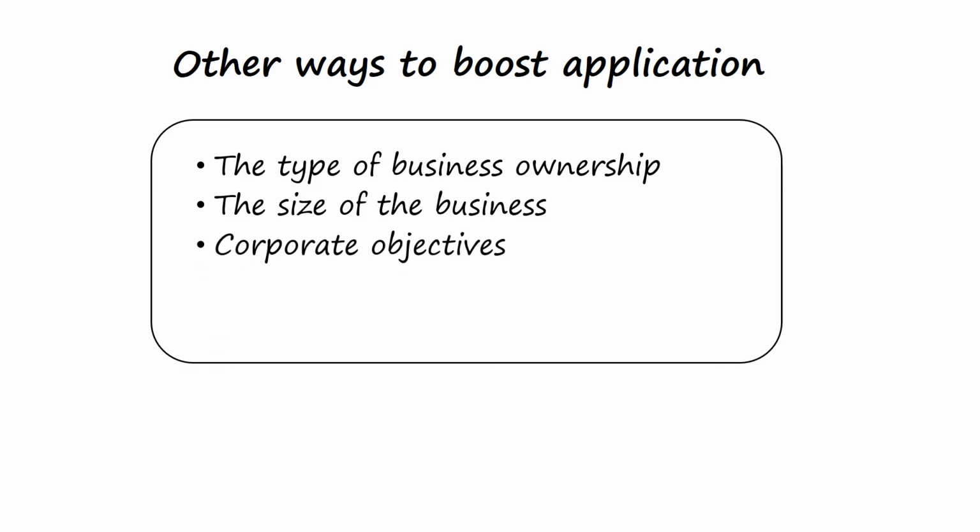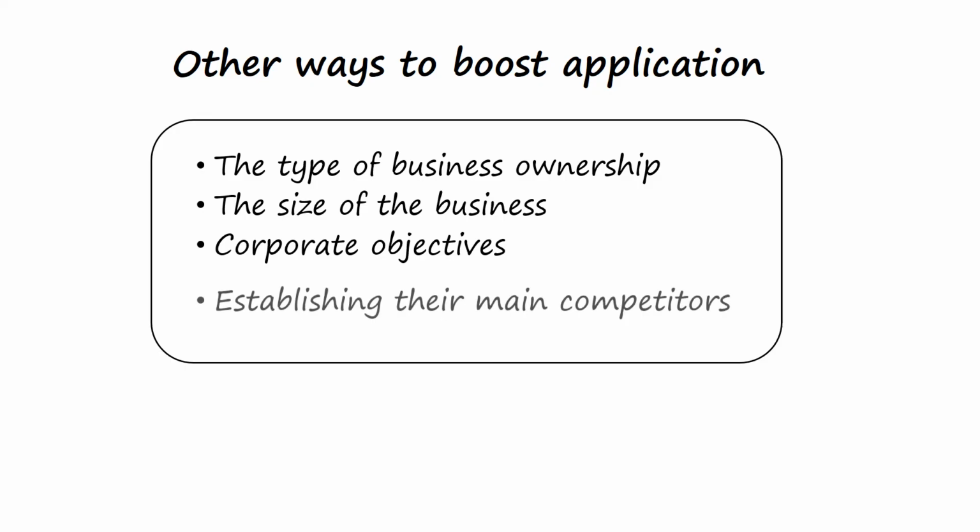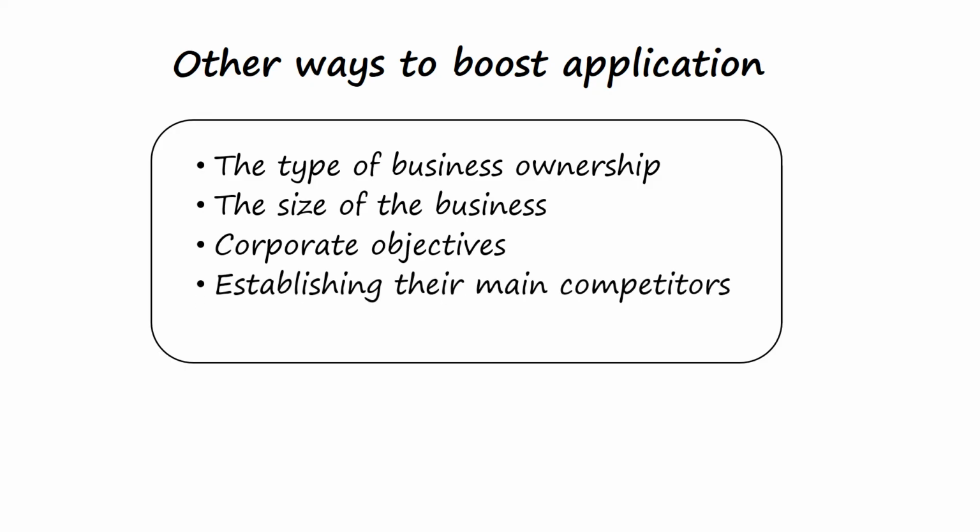You could also look at the key corporate objectives of the business. Are they currently working towards them or is there anything that's causing a conflict with them? You could identify and establish their main competitors. They may mention them in a case study. How might these competitors affect the business? What are these competitors trying to do? So these are all things that you might notice in the case study, and where relevant, you could apply it.